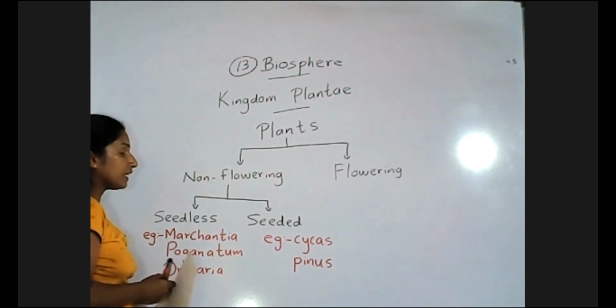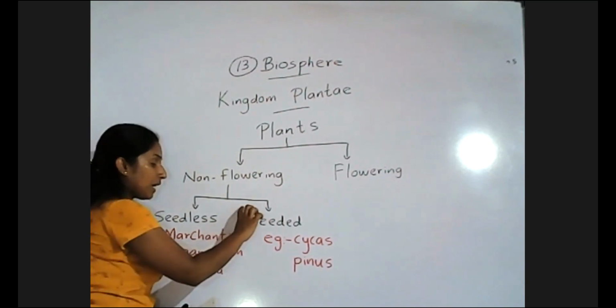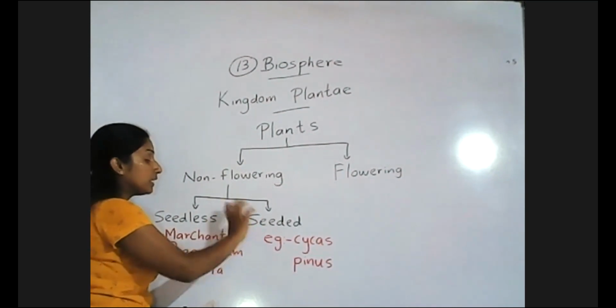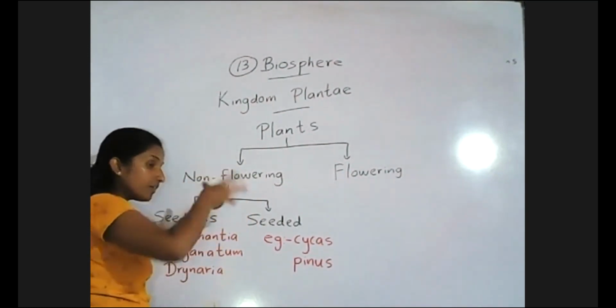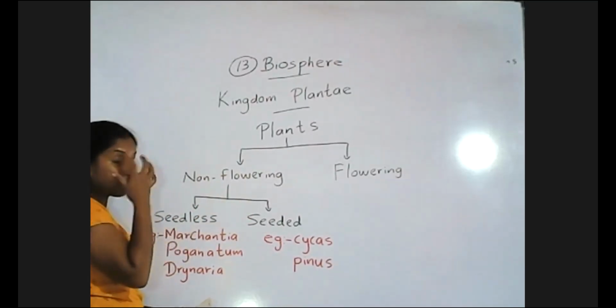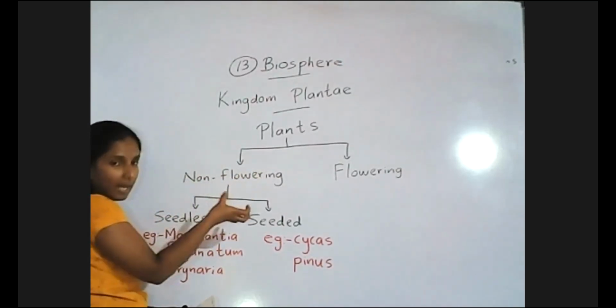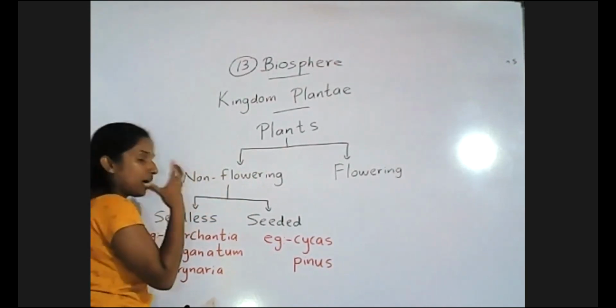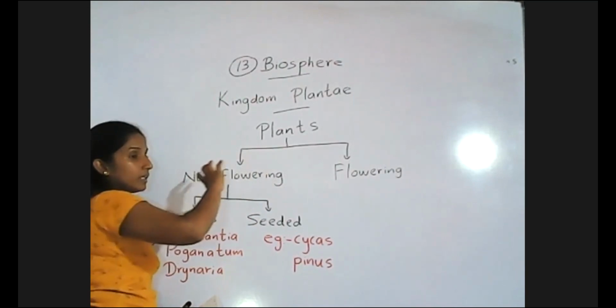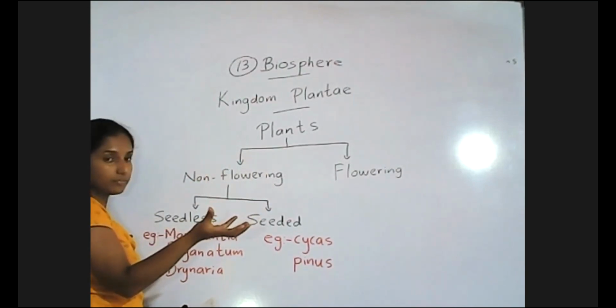The special thing here is that these plants have seeds, but the seed is not covered with a fruit, because they cannot produce fruit as they do not have flowers. Normally, after pollination and fertilization, the flower develops into a fruit.